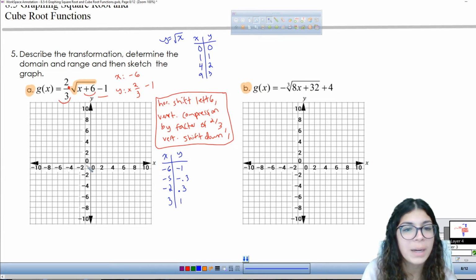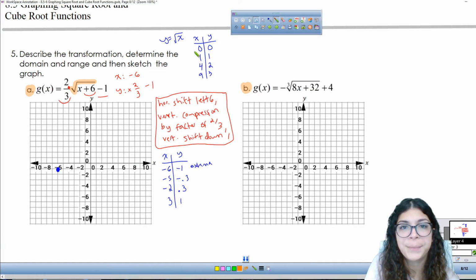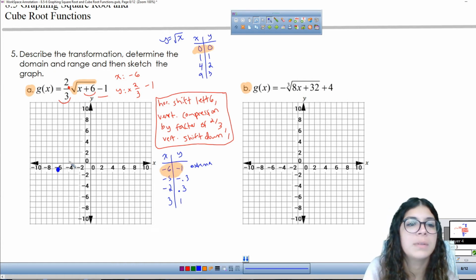Okay, let's go ahead and graph it. -6 and -1. And that is my extrema. So darker. Remember, this is my original extrema. I transformed those points, got these points. So that is still my new extrema.